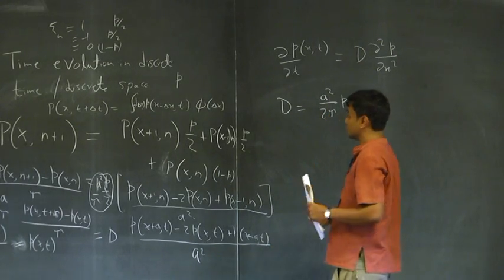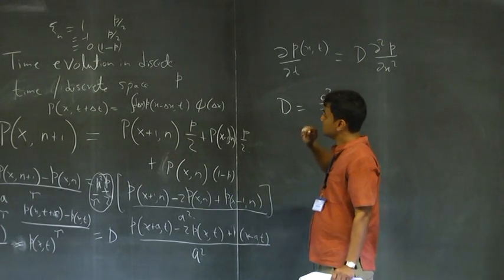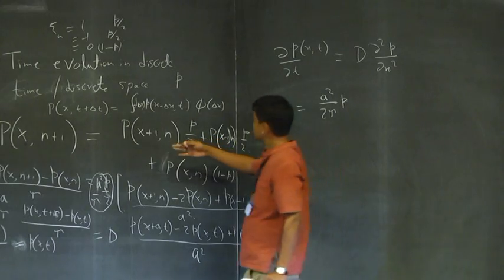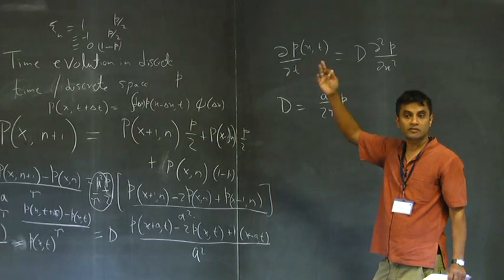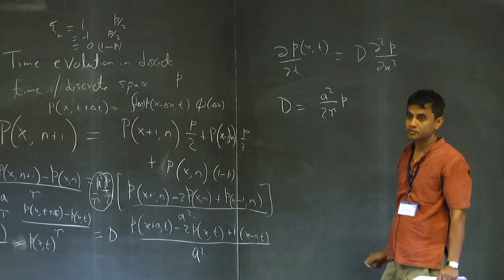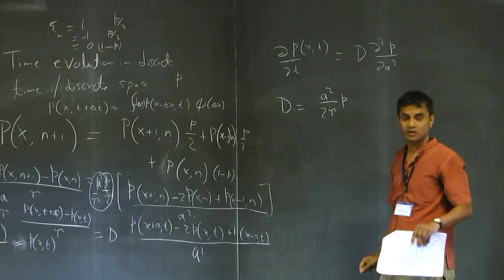Okay, so one thing that's really useful about doing this, and then we saw that this equation you can solve very easily, right? Just do Fourier transforms and you get this Gaussian solution, right?